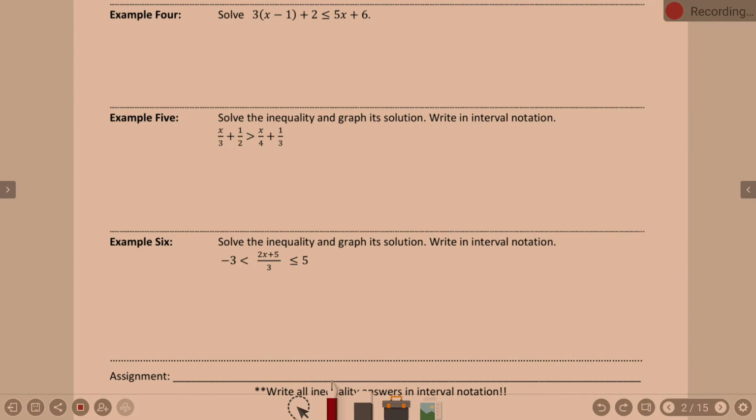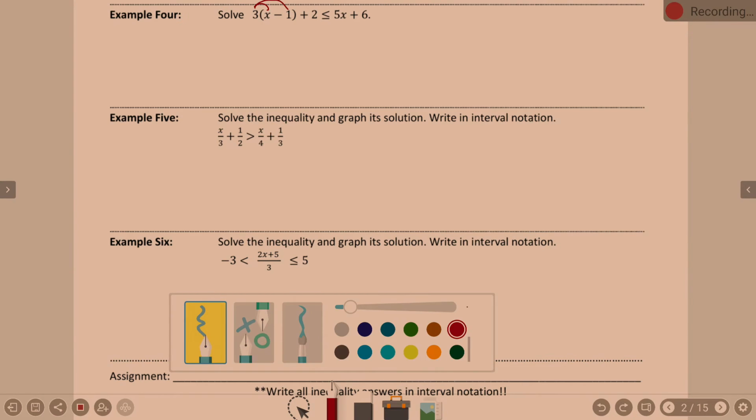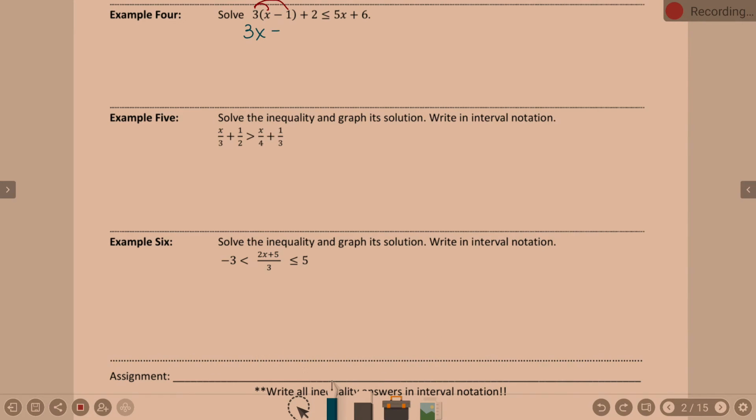It says solve. The difference about this problem is it's an inequality. Does that really change anything? No. For the most part, no. So what would you like to do first? Distribute. Let's distribute the 3. So then I have 3x minus 3 plus 2 less than or equal to 5x plus 6.